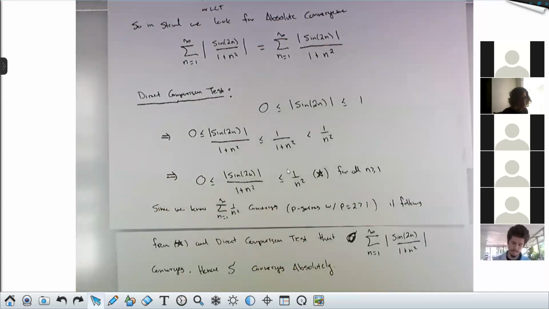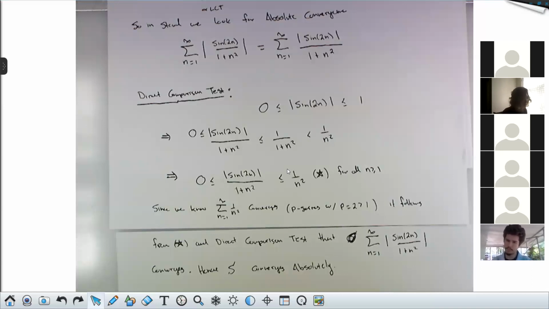So this is an example of a problem where the original series is kind of hard to work with, but if you take the absolute values inside the series, it becomes easier to work with, which is very nice. I think what a lot of people would do when confronted with this original series is try to run DCT right away, not realizing that DCT doesn't apply to this series because the terms are not all positive.